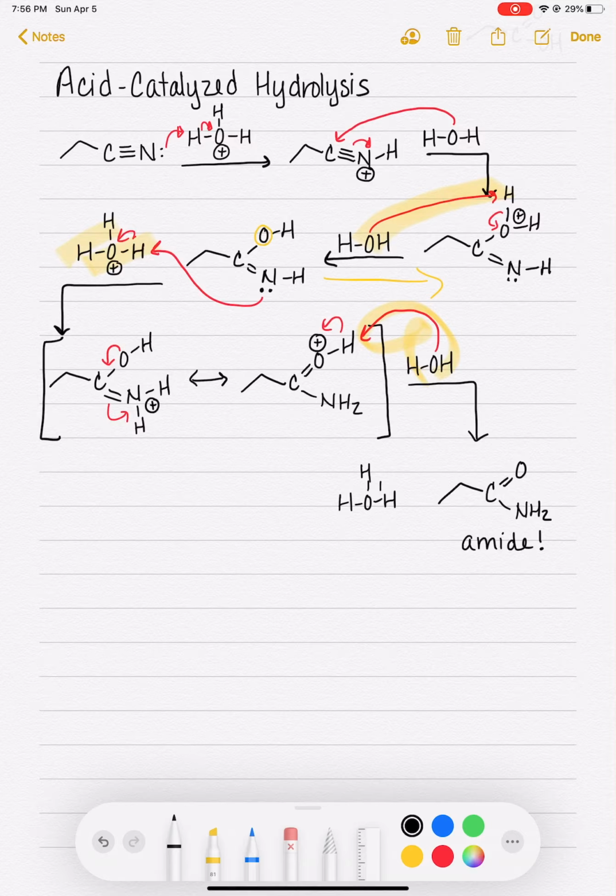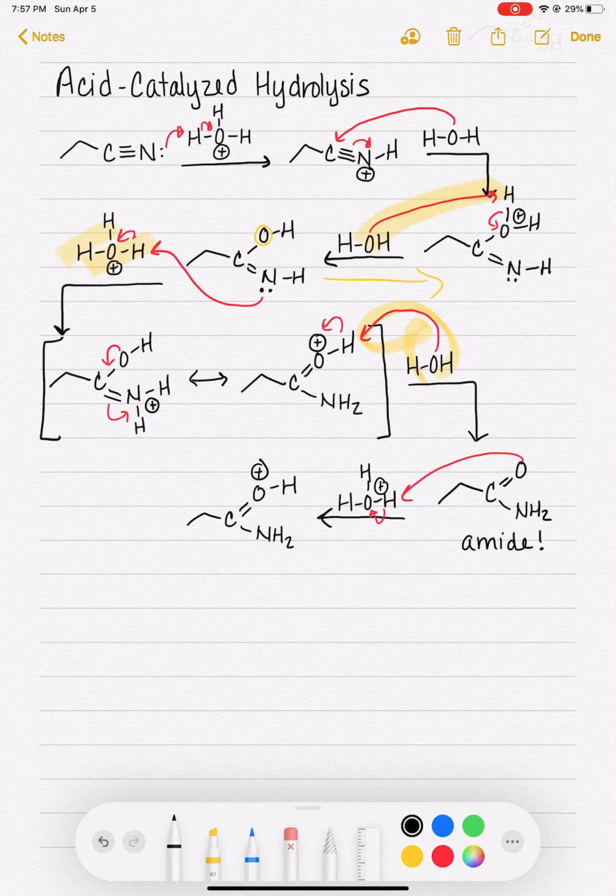So now we have an acid in the presence of oxygen. We're going to protonate the oxygen. If you're asking yourselves, why not protonate the nitrogen? Sure. We're trying to move ourselves forward in this reaction.